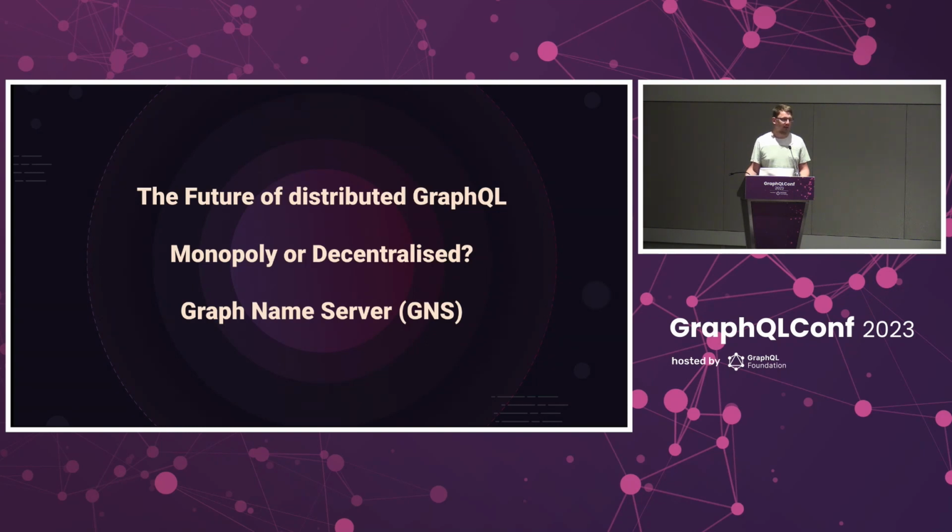And one thing I really like about the internet is DNS. You have a website, you announce your domain names, and there's no monopoly about DNS. And maybe, and this is just something you can take away from the conference, maybe sometime in the future we have something like a graph name server where every company could announce their graphs to the world, and then something like an AI agent could try to solve a problem, looks at GNS, tries to figure out, oh, there's the graph from Pinterest.